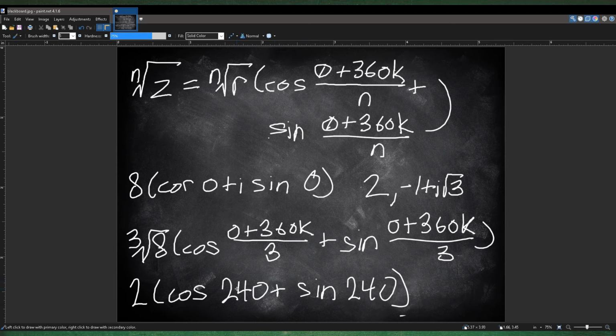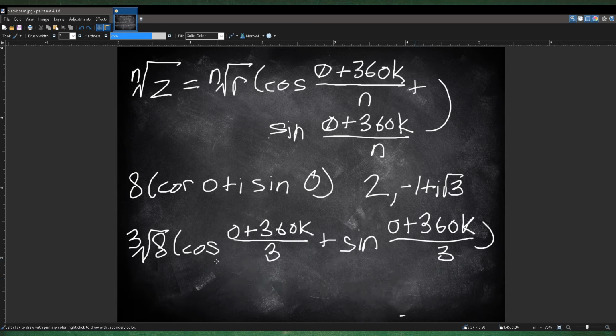Cosine of 240 is in the third quadrant, also making a 60 degree angle, so both of these are gonna be negative. This would be negative 1/2, and this would be negative square root 3 over 2. So multiplying it out, you get negative 1 minus i square root 3. So that's the third answer.